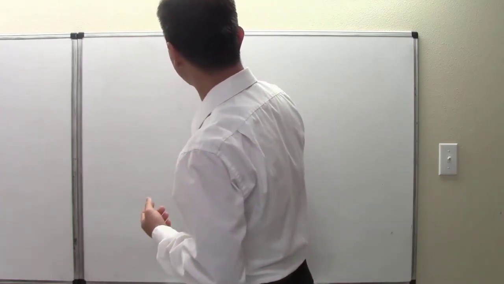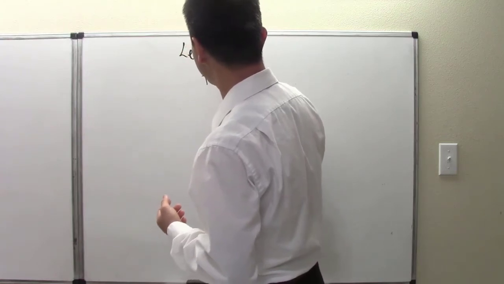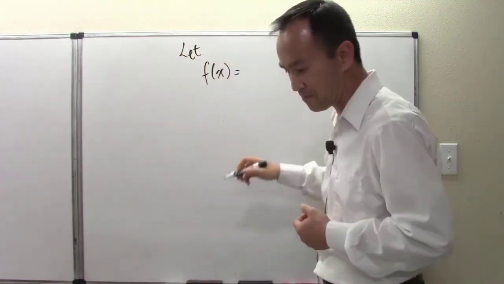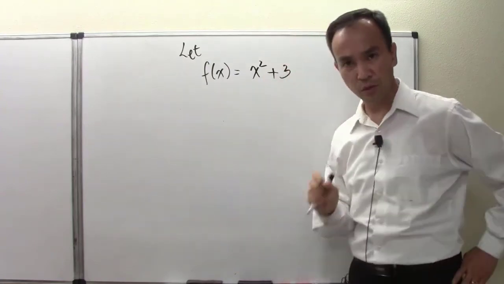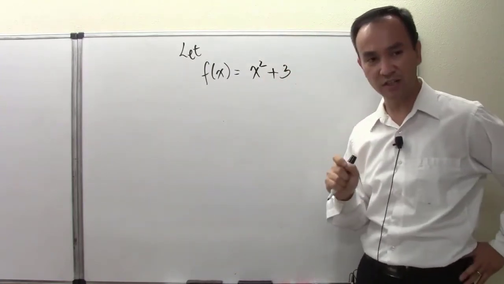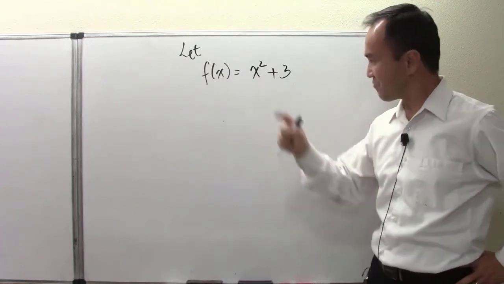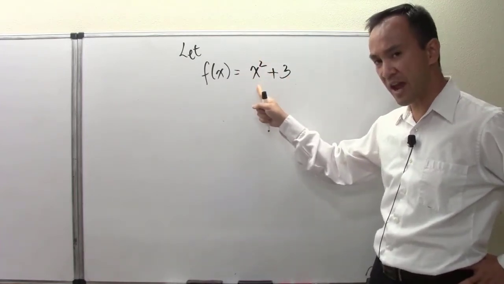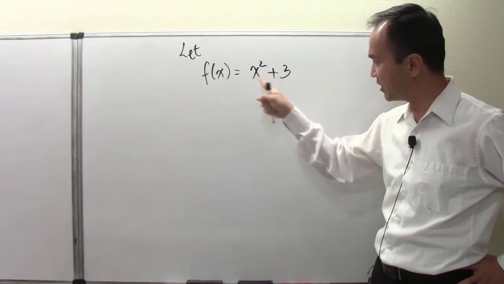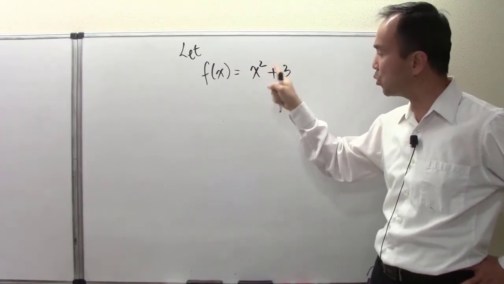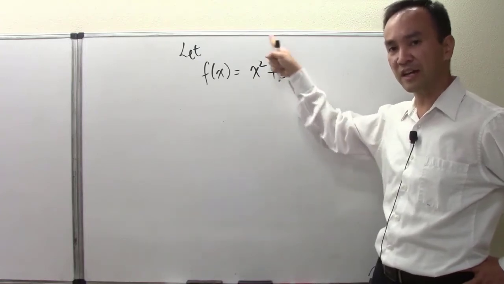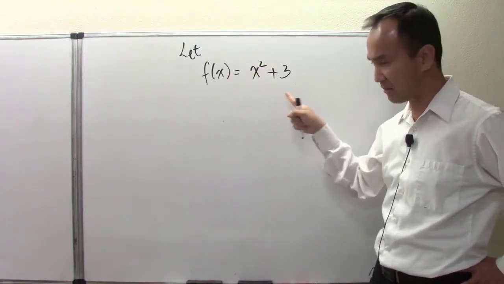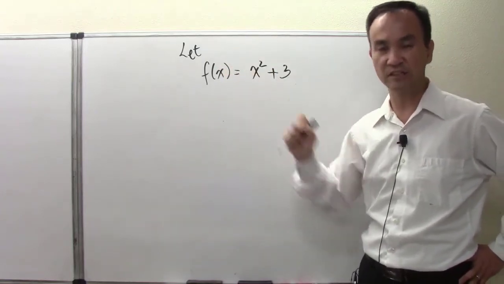The rule of this function says f of x is x squared plus 3. This rule says for whatever input x in general, we are going to square that input and add 3, and whatever that computation comes out to determines our final output.